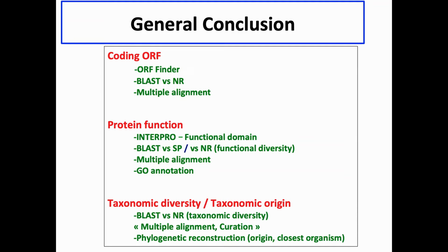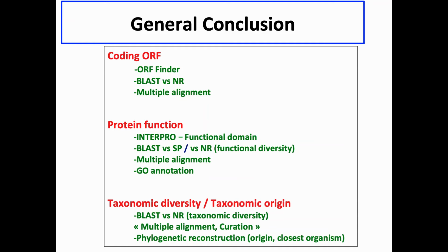And then from the taxonomic diversity and the taxonomic origin, you have the BLAST again against NR, but with the taxonomic diversity aspect, you have the multiple alignment and the curation. This is Gblocks.